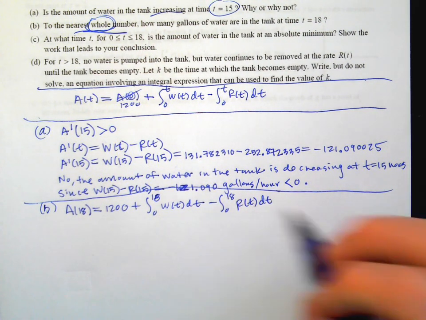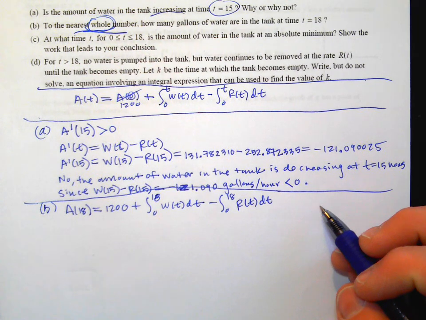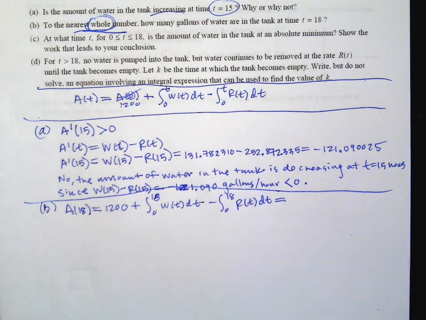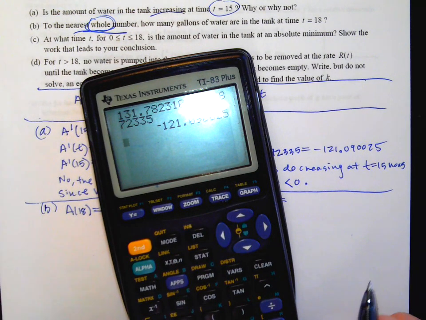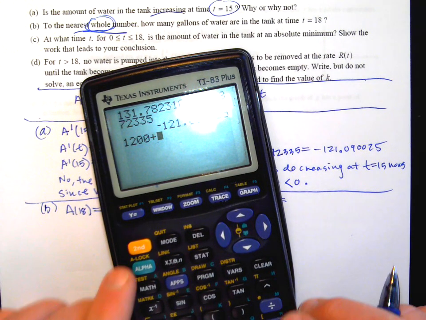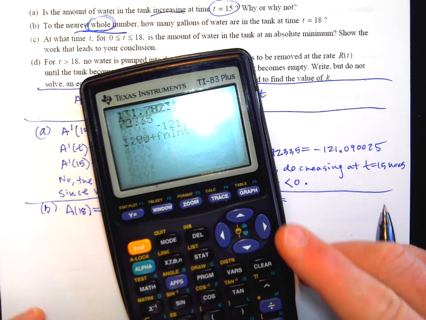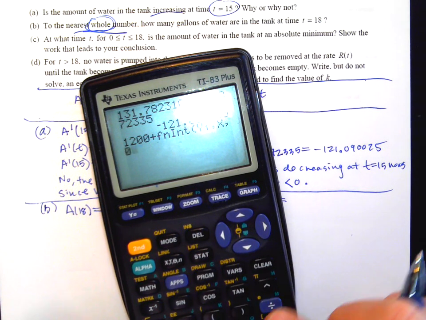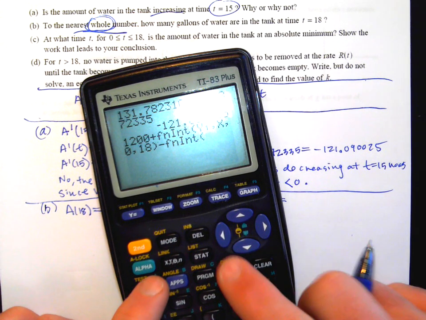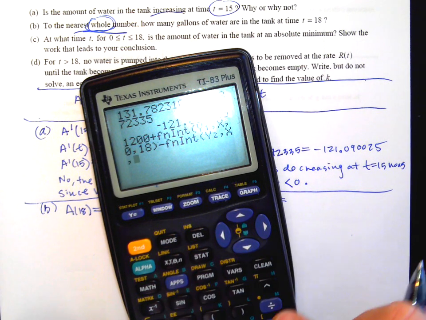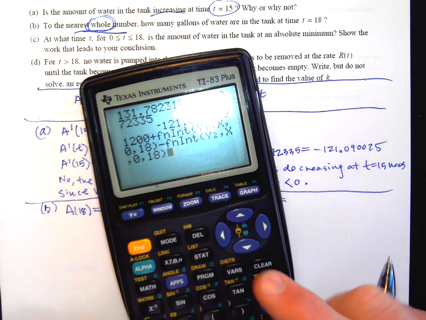This is the setup, which is probably going to be worth most of your points on here. And then we're going to use our calculator. We're going to do 1200 plus math 9, vars, y vars, function, y1, comma x, comma 0, comma 18, minus math 9, vars, y vars, function, y2, comma x, comma 0, comma 18. Hit enter.